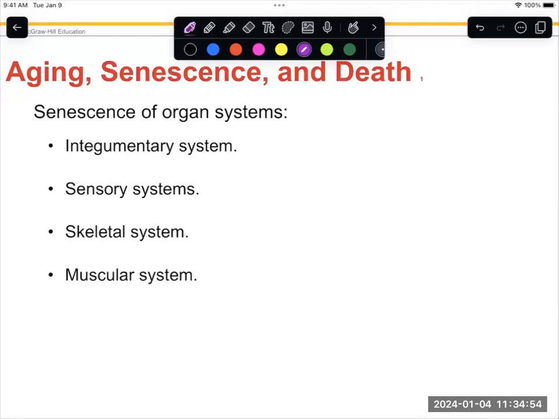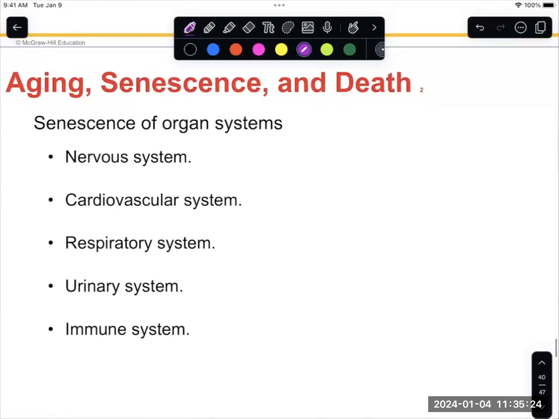Senile, or we get age spots, start to appear and hair loss occurs. Sight and hearing decline with age. Taste and smell are also minimized. Osteoporosis, as well as joint and bone pain, occur with age. Muscle mass and strength are also lost. Sarcopenia.